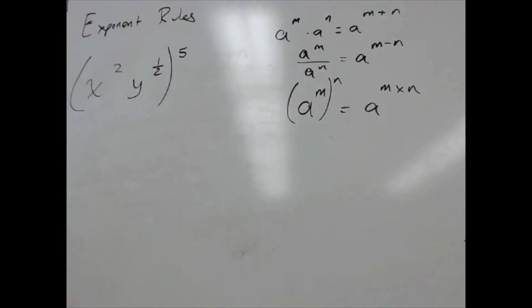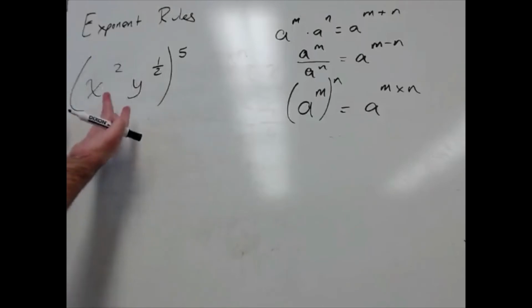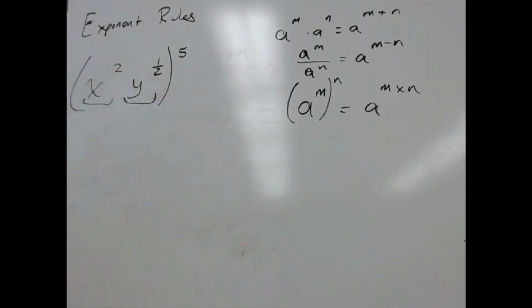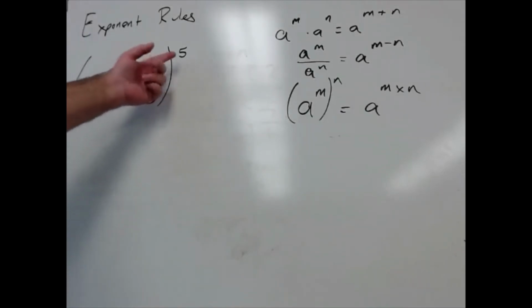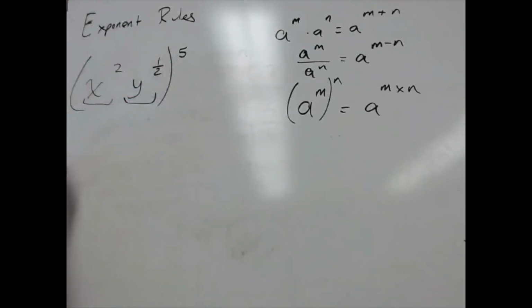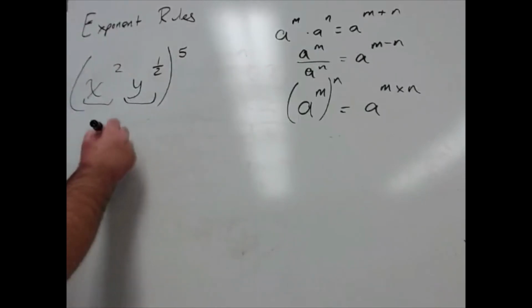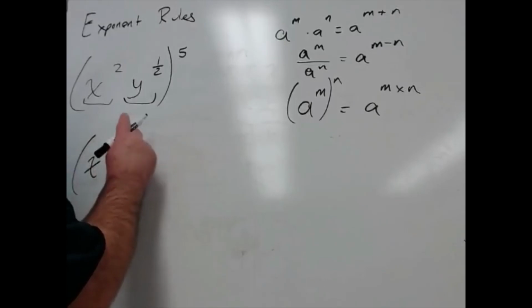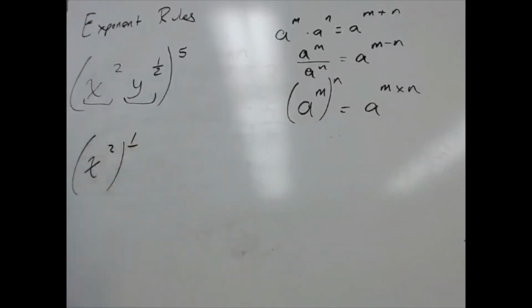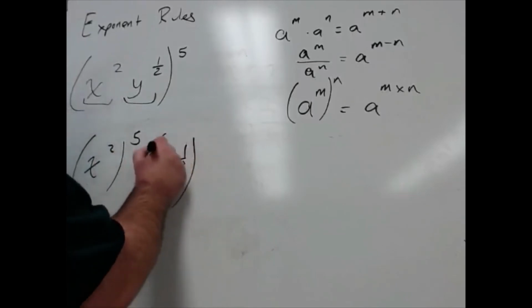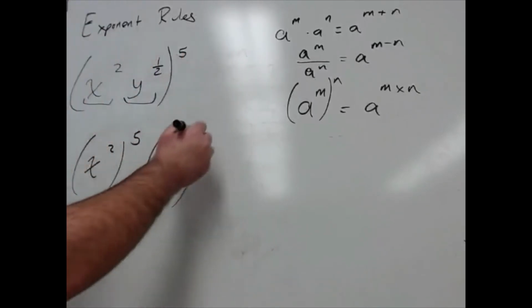These are two terms, x squared and y to the 1/2. Both of these things are going to get that exponent 5. So I will write it like this. The first term is x squared, and it gets that exponent of, not 1 over 5, of 5. The next term is y to the 1/2, and it also gets that exponent of 5.